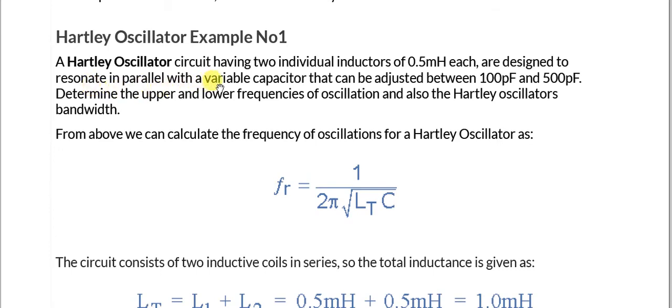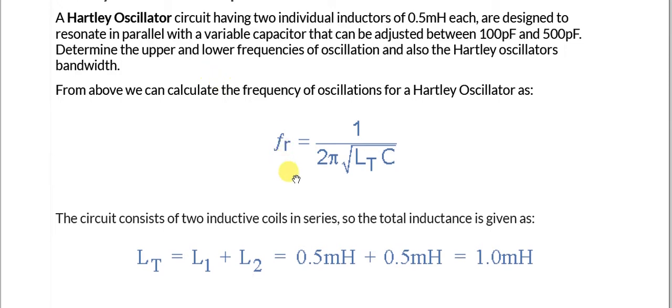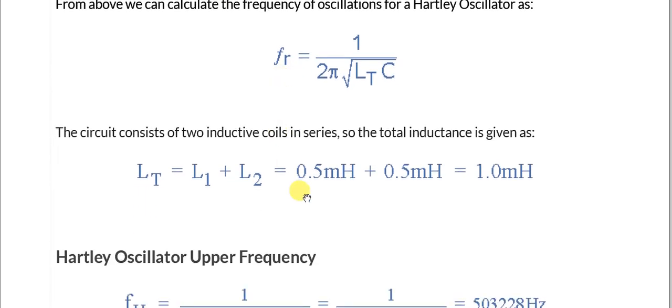Determine the upper and lower frequencies of oscillation, and also the Hartley oscillator's bandwidth. We have the two split coils, L1 and L2, 0.5 millihenry plus 0.5 millihenry, equal to 1 millihenry.